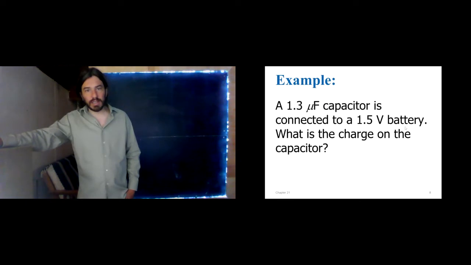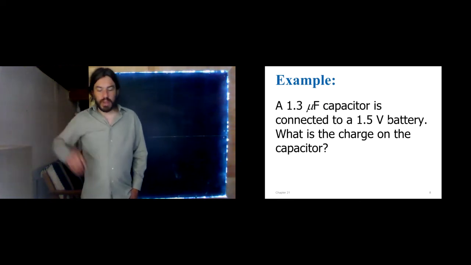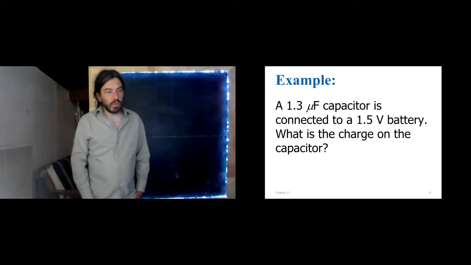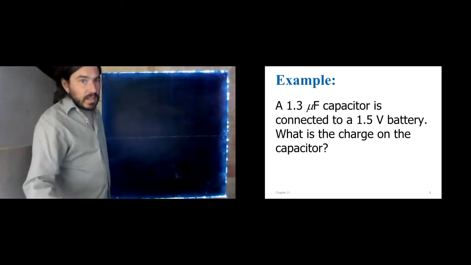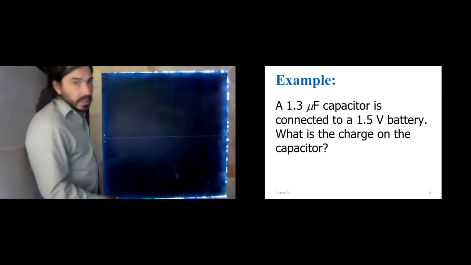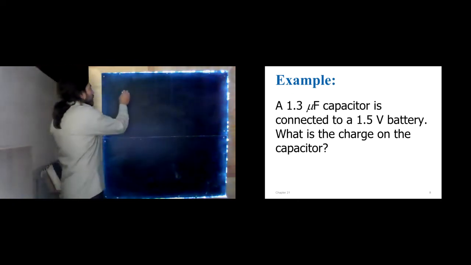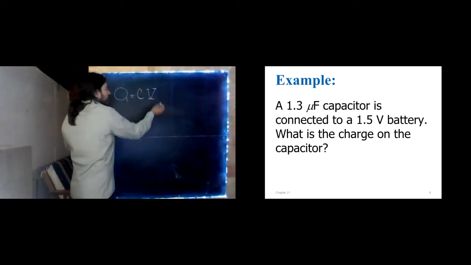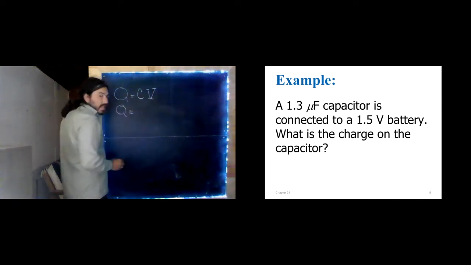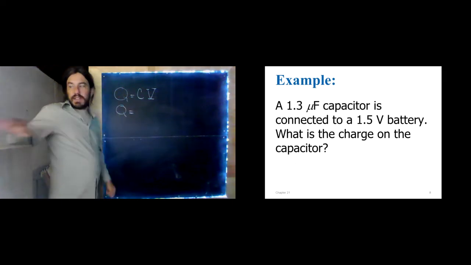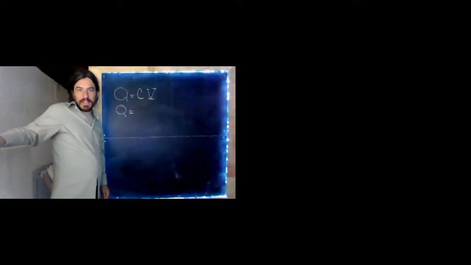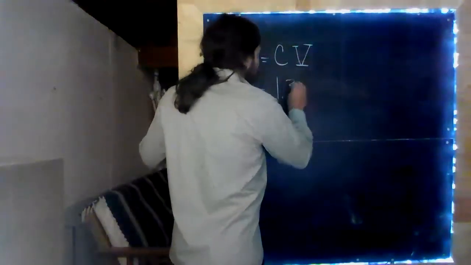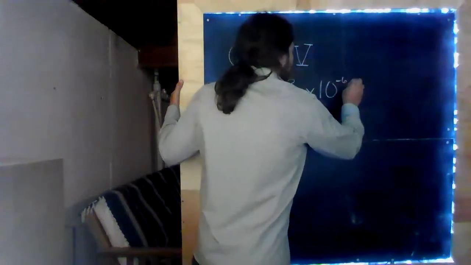Let's do a real quick numerical example. A 1.3 microfarad capacitor is connected to a 1.5 volt battery. What is the charge on the capacitor? This is a fairly straightforward example. We're going to use our equation, Q equals C times V. In this case, C is the capacitance of our capacitor, which is 1.3 microfarads, or 1.3 times 10 to the negative 6th farads.